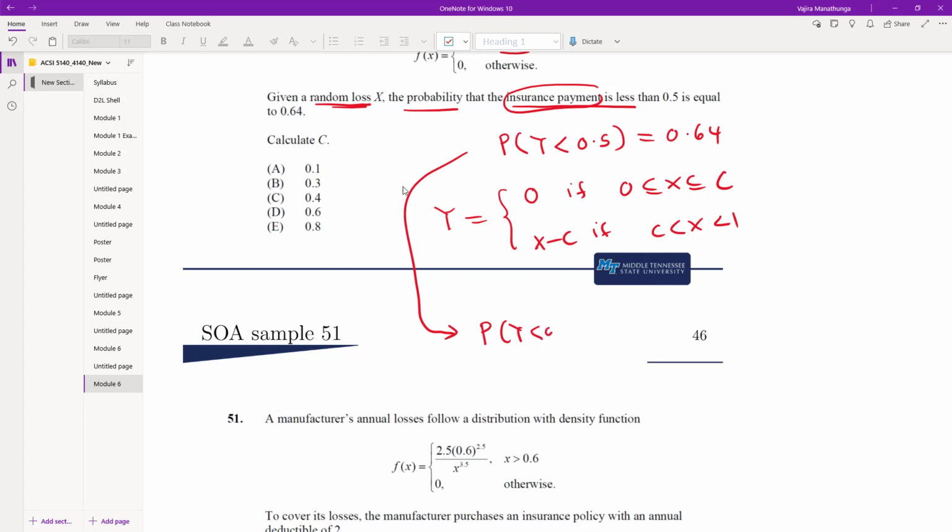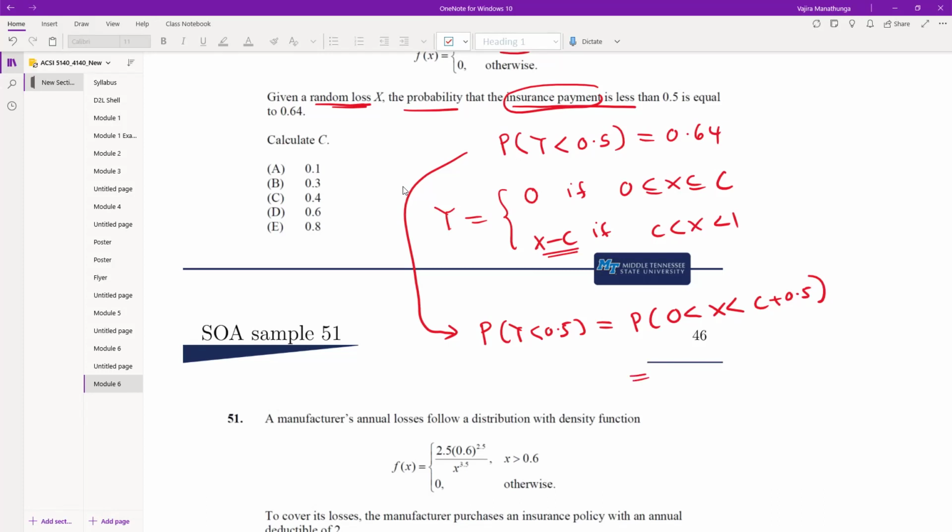Let me write this again. So that would be basically the probability 0 less than X less than c plus 0.5. If I use X minus c in place of Y, I would get that. X is more than 0 because loss cannot be negative.